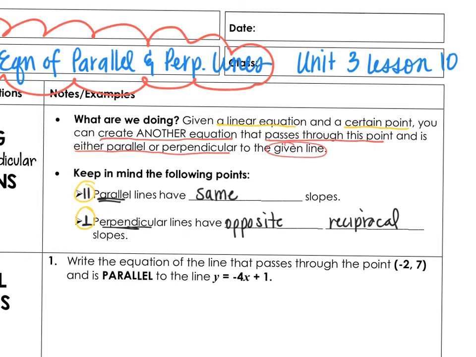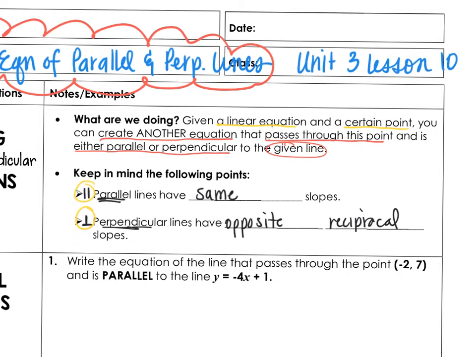So you're going to be given a line, and then some other random point that's not on that line, or on that line, really depends. And then the equation you create is going to be either parallel or perpendicular to the one that was given.